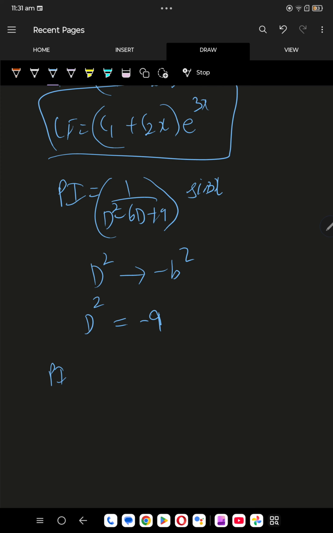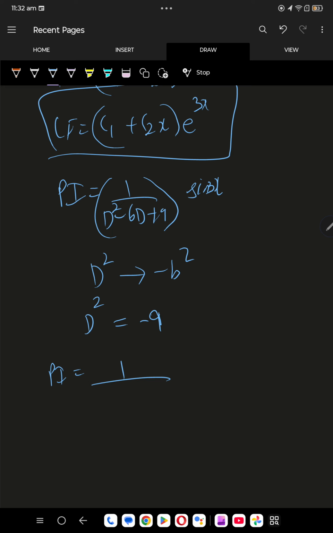So PI equals 1 by minus 9 plus 54 plus 9. Oops, I'm sorry. That is the very common mistake: I must not replace d. I'm consciously trying to say that I have to not touch d at all in these kinds of questions. I have to only deal with d square.